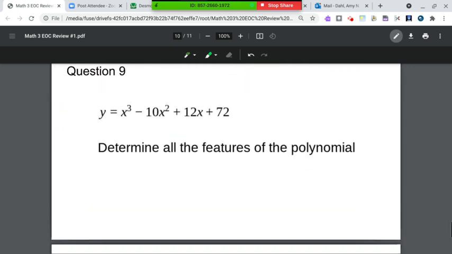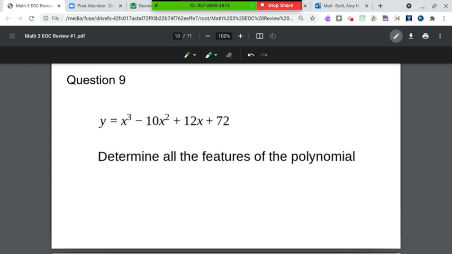All right, number 9. Determine all of the features of the polynomial. To determine the features, you're going to first stick it into Desmos.